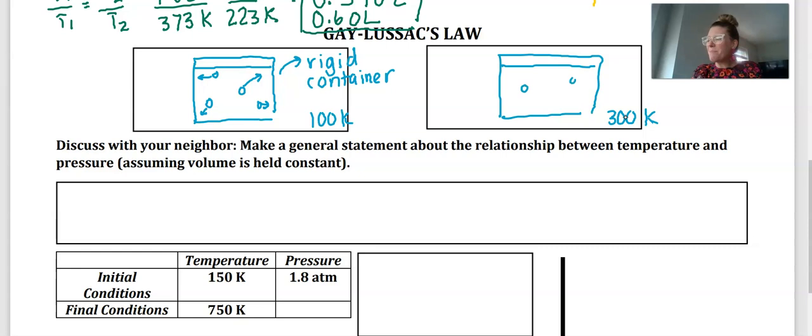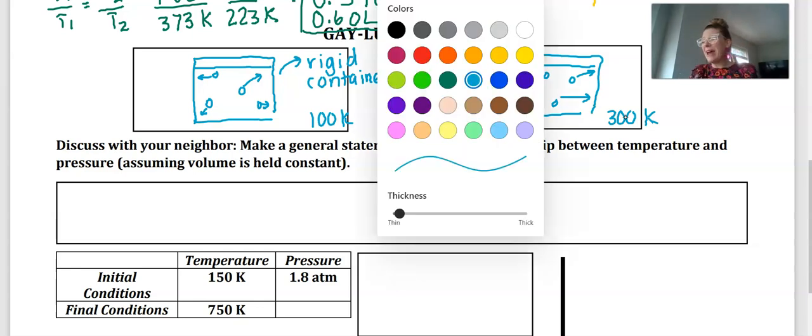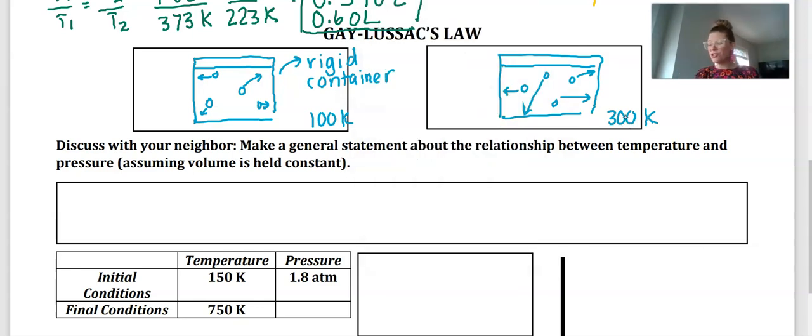What's going to happen to the speed of my particles inside? Increased temperature means increased average kinetic energy, which means my particles are moving faster. So if they're moving faster, what's happening to the force with which they're hitting the container? The force with which they're hitting the container is also increasing. So what's going to happen then, do you think, to that pressure? Is there more pressure or is there less pressure? Let's make a general statement about that relationship.